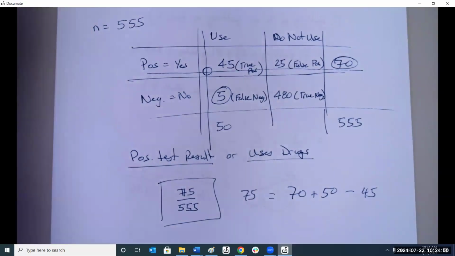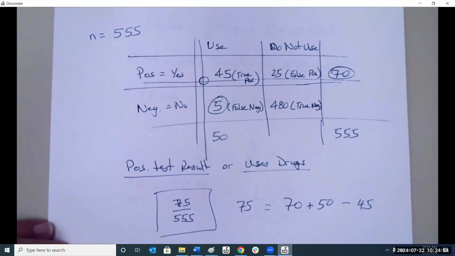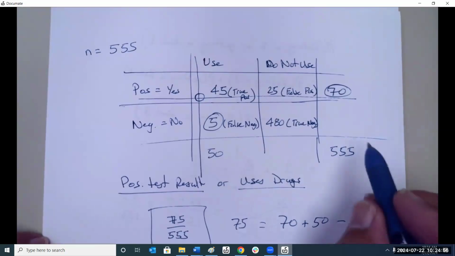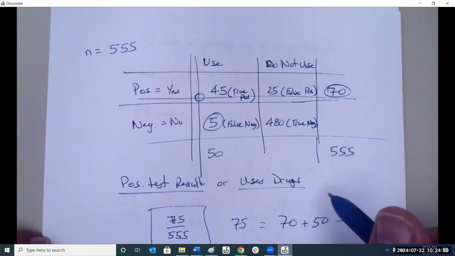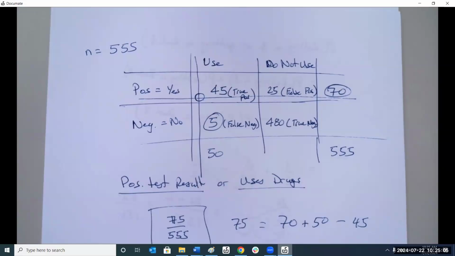So what did you add to 70 to get 555? Well, first off, 555 was all the data put together.